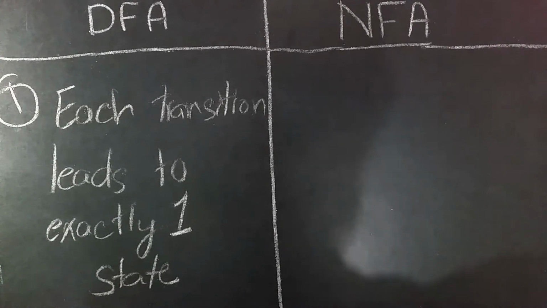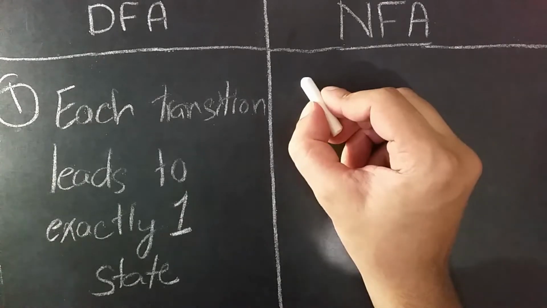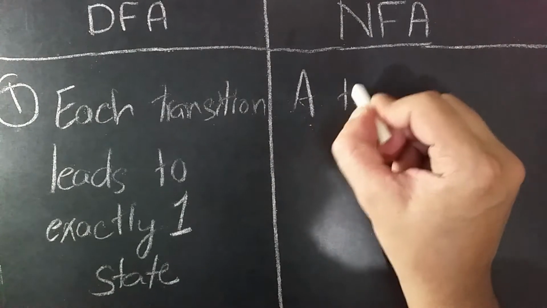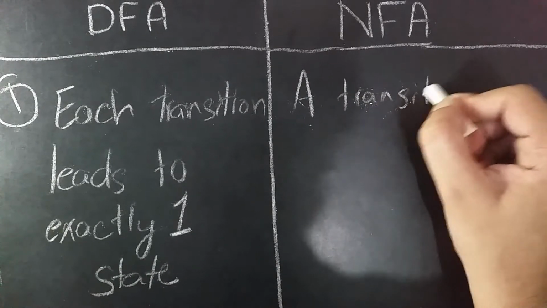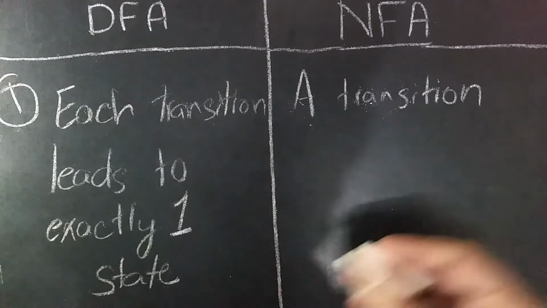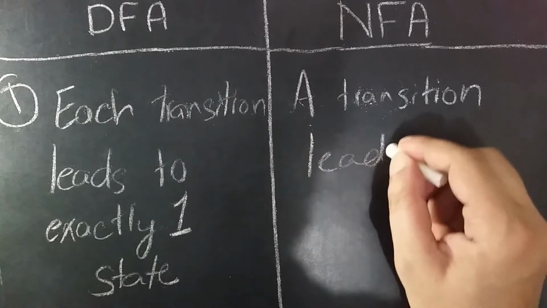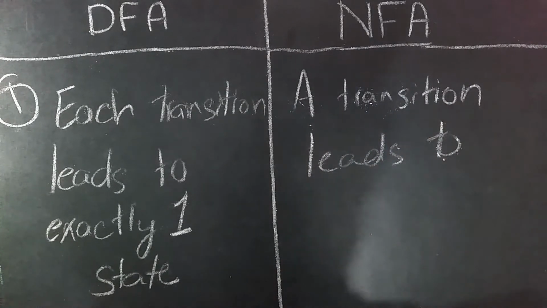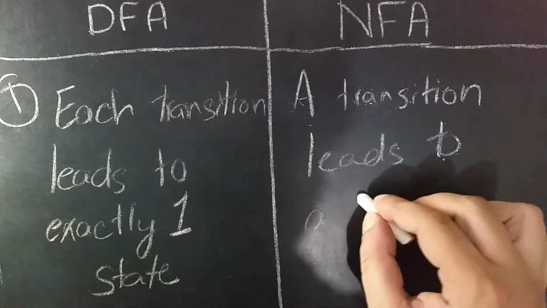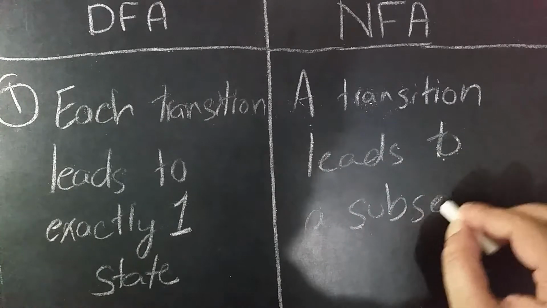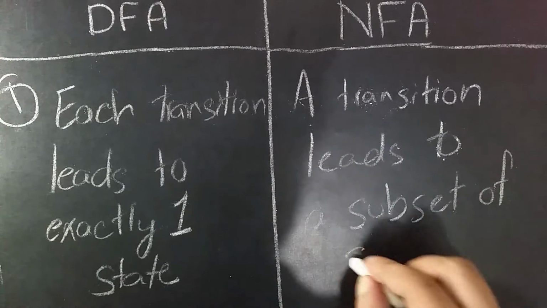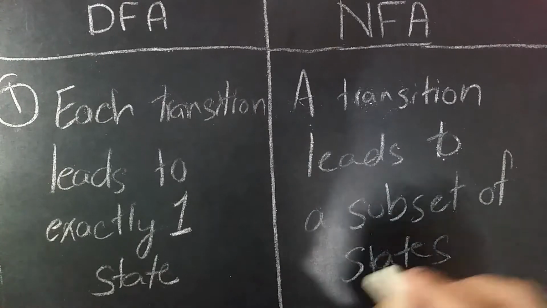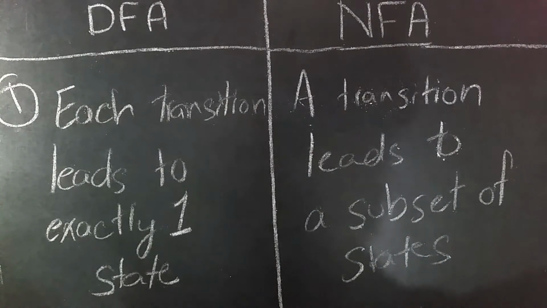Whereas in non-deterministic finite automata, a transition can lead to a subset of states. For a given input, there can be more than one transition, which can reach any number of states.